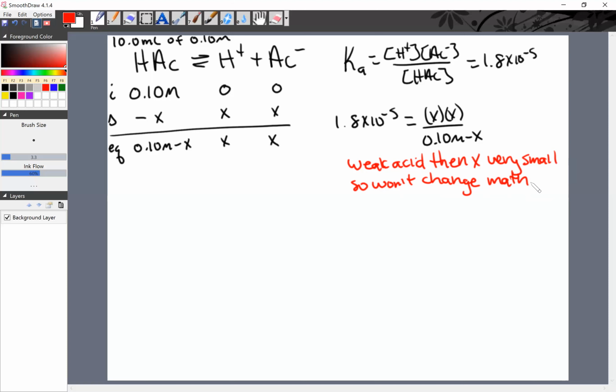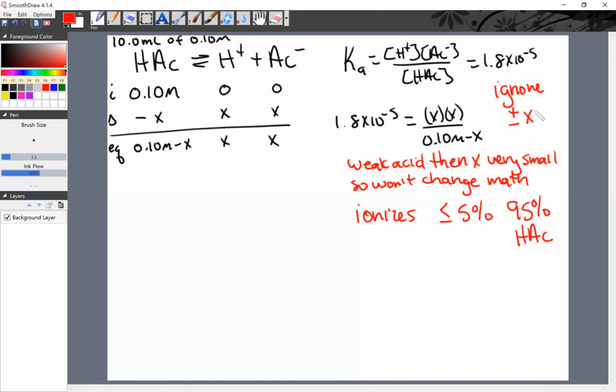It's going to work as long as it ionizes less than or equal to 5%, which means 95% is still in the acetic acid form, and only 5% of it has actually gone on. Well, let's try it. So you may ignore any plus or minus x.